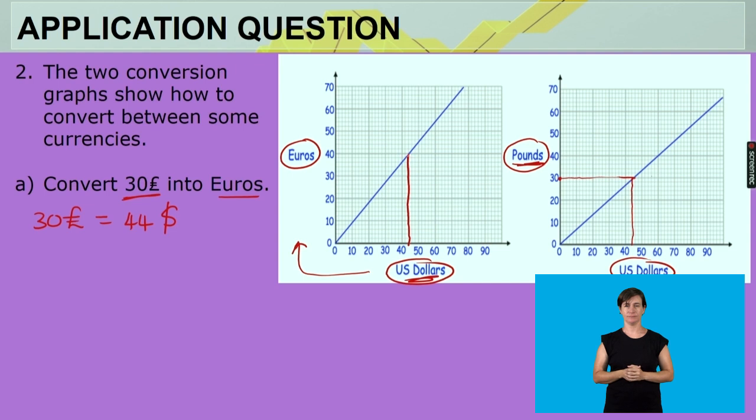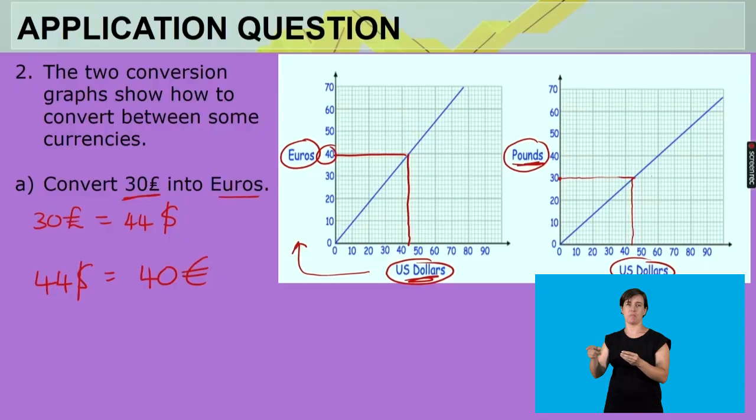Straight line there, and now I'll move to my left-hand side. So we agree then that 44 US dollars is equivalent to 40 euros. So there I converted 30 pounds to euros by doing the calculation that I did just now. Guys, is that clear to all of you?